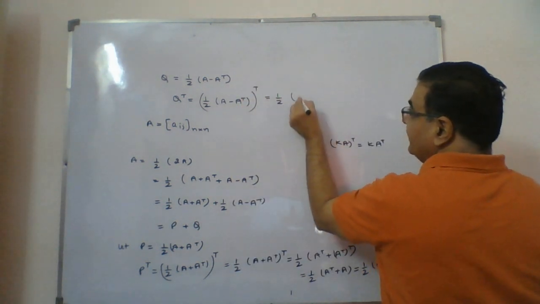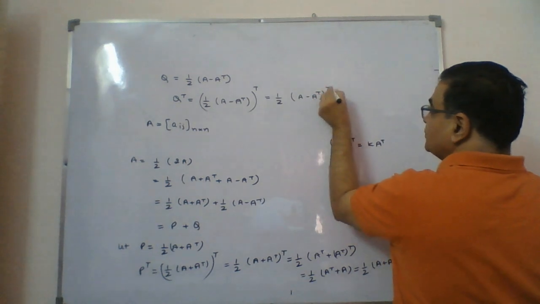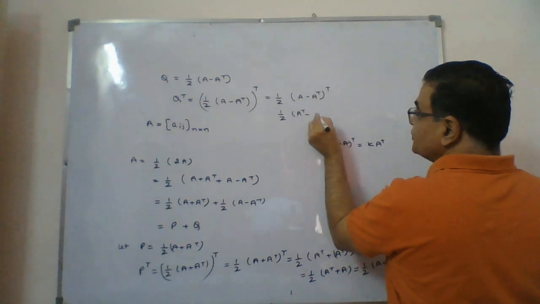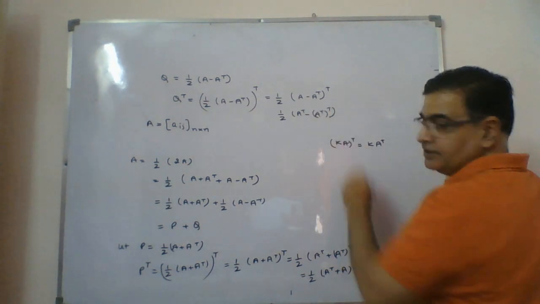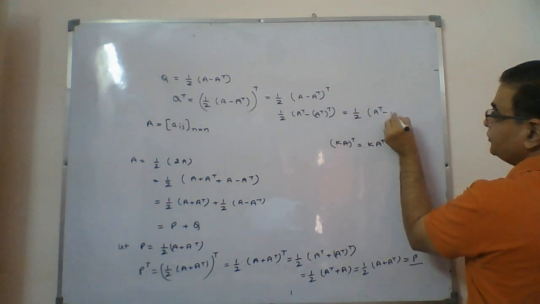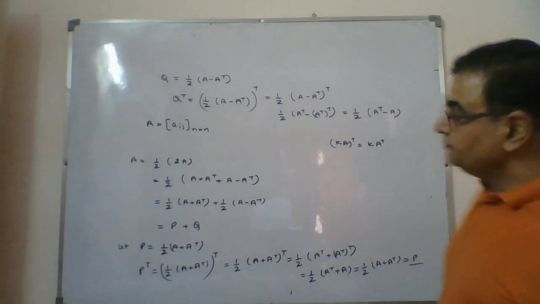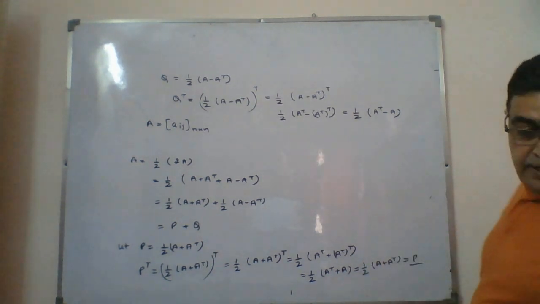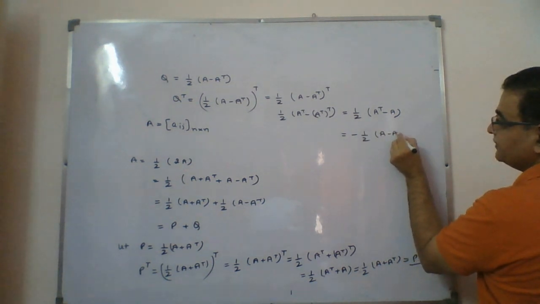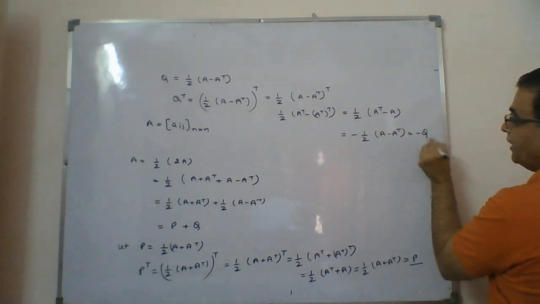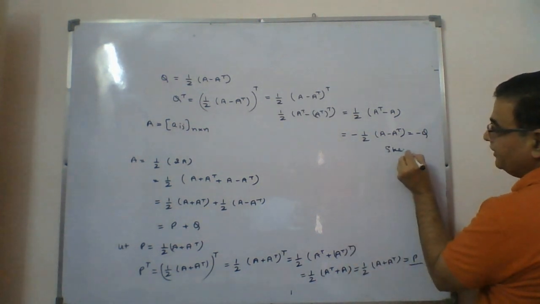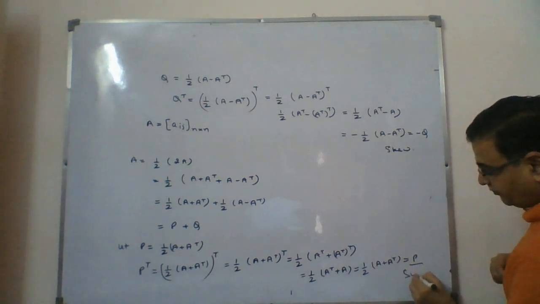Half goes out, left is A minus A transpose whole transpose, or it will be half of A transpose minus A transpose whole transpose, or it can be written as half of A transpose minus A. Then we will take minus common from it, half of A minus A transpose, so it comes out to be minus Q. So what will that indicate? It is skew symmetric and this is symmetric.